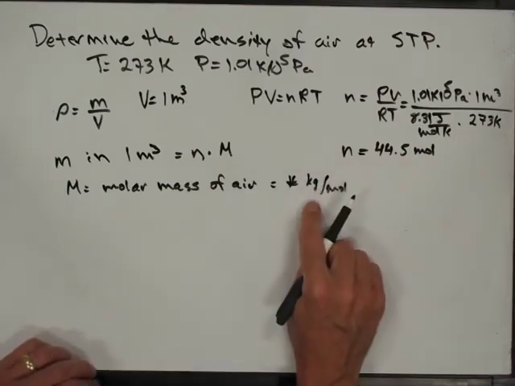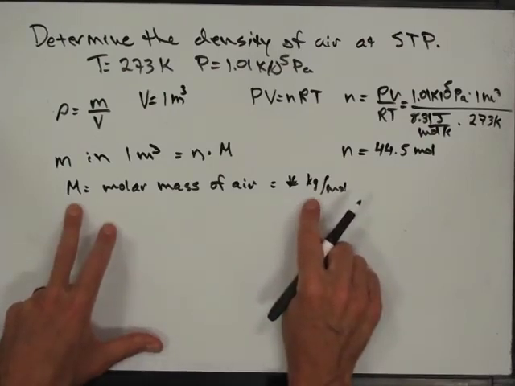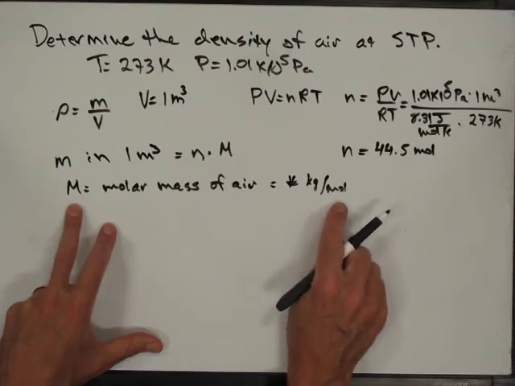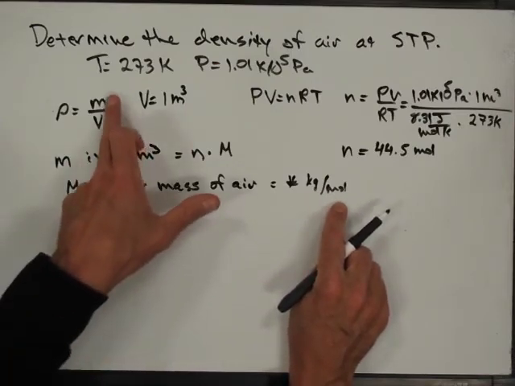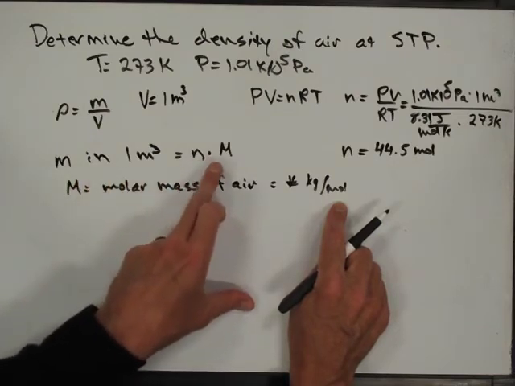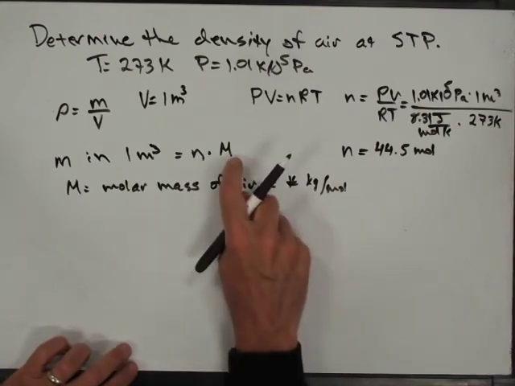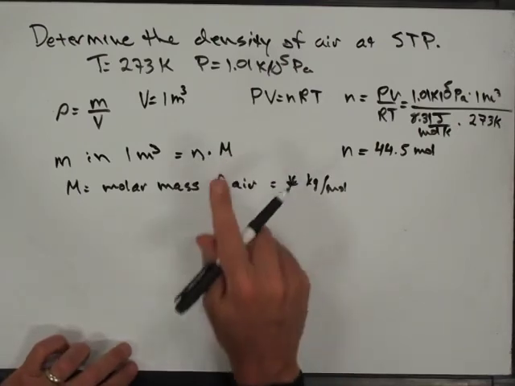If air were pure nitrogen, it would be 28 grams per mole, or 0.028 kilograms per mole. Again, we're trying to find this M here. We figured out the number of moles, so now we've got to figure out the molar mass of air. It's not the same as nitrogen, because the air isn't pure nitrogen.